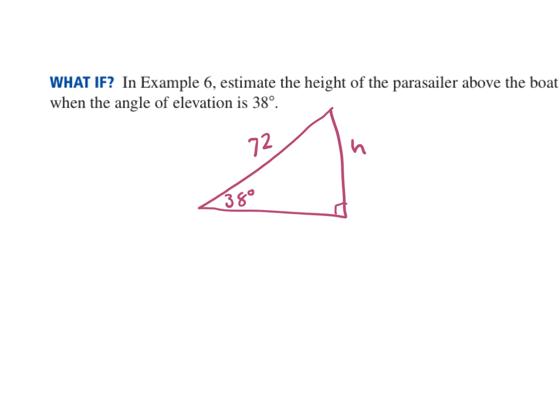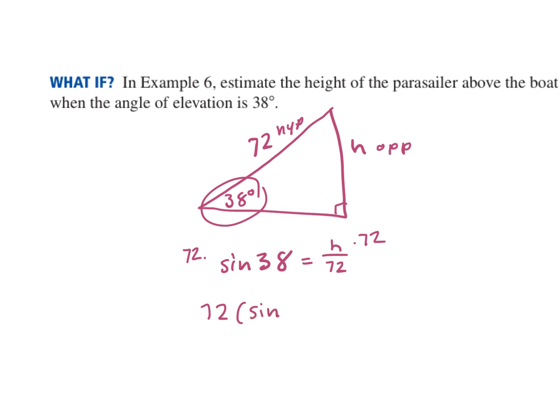So h is opposite, 72 is the hypotenuse, 38 is our theta, so we could say the sine of 38 is equal to opposite over hypotenuse, so h over 72. Multiply both sides by 72, so 72 times sine of 38 is equal to our height. So that gives us a height of 44.3276. I'm going to round up to 8. And this is in feet.